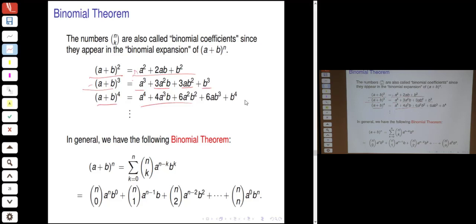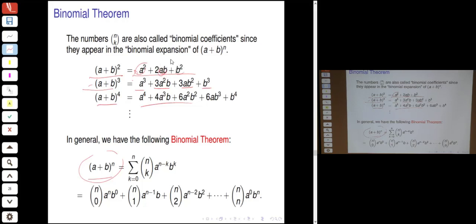So the main idea in the binomial theorem is the following. If you consider (a plus b) whole to the power of n, we can understand that we are going to have linear combinations of terms like this.